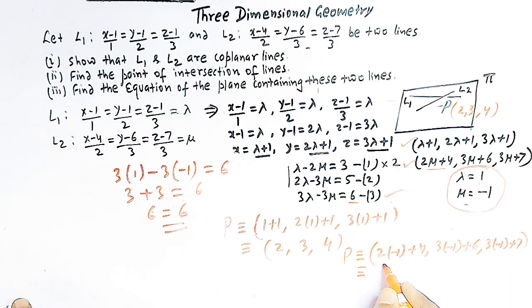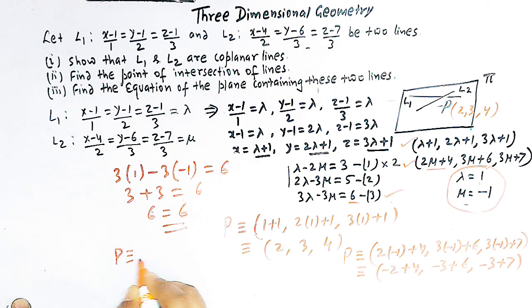So we have now minus 2 plus 4, minus 3 plus 6, and minus 3 plus 7. So the coordinates of the point P are 4 minus 2 is 2, 6 minus 3 is 3, and 7 minus 3 is 4. So these coordinates are the same as this coordinate, right?